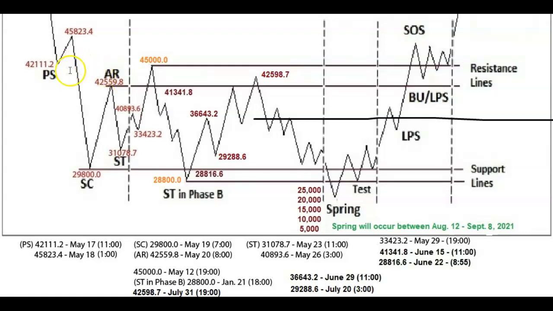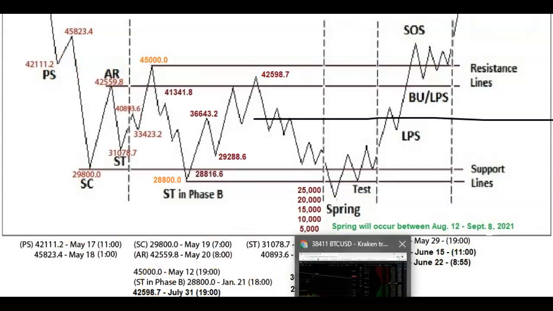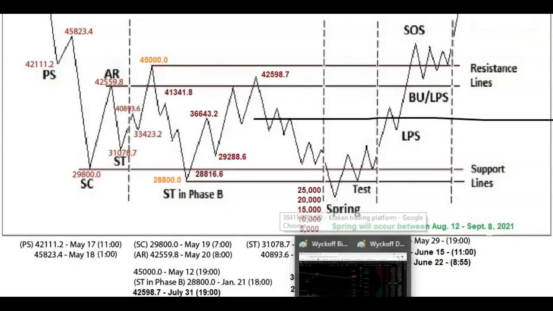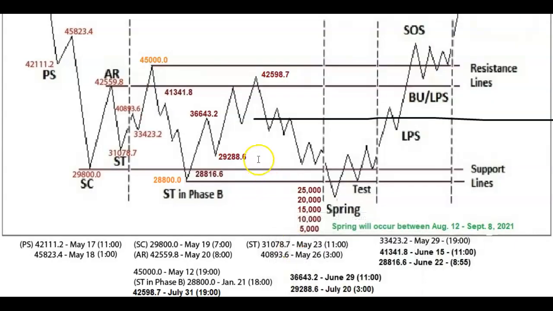And so when you chart these points, and I've given you all the points down here and where they occurred, if you go out to the actual Bitcoin charts here and look at these points, you're going to realize they matter here, and that we finally hit this point here. Okay, so now are we going to hit the spring in the next few weeks to the next month?